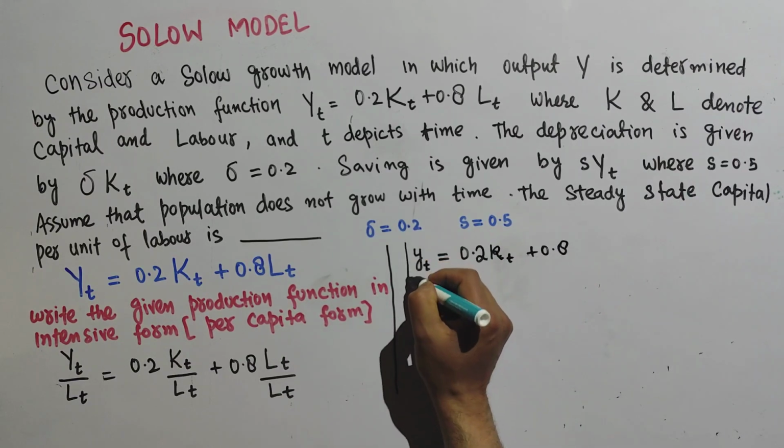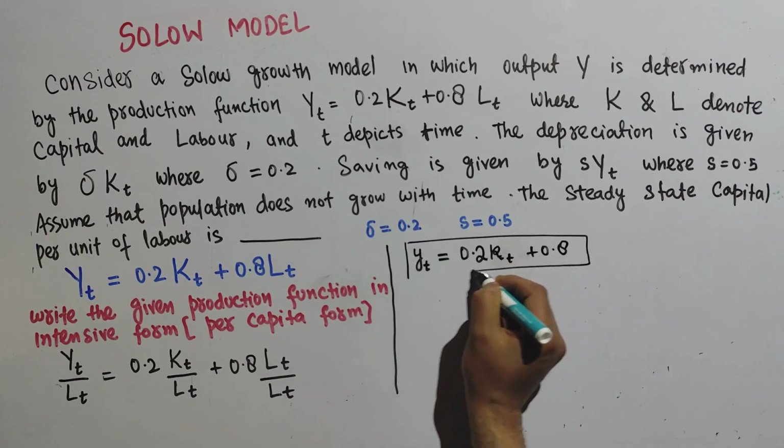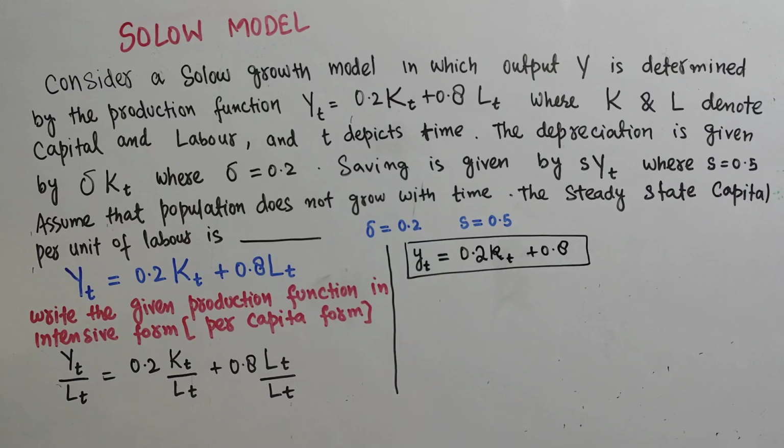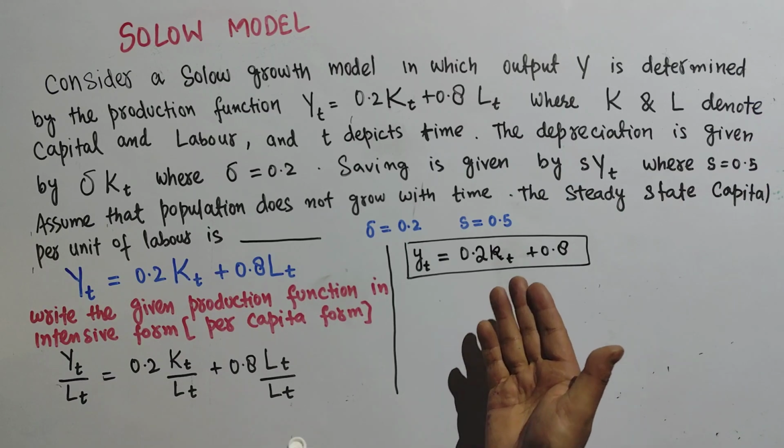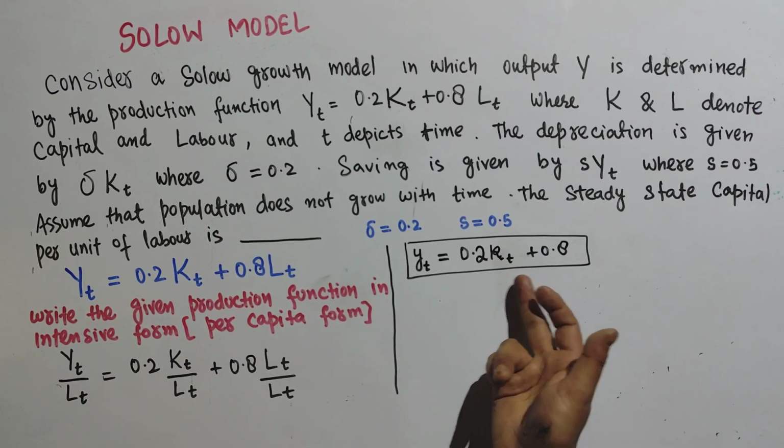Okay, this is our per capita production function, that is, output per worker is a function of capital per worker.